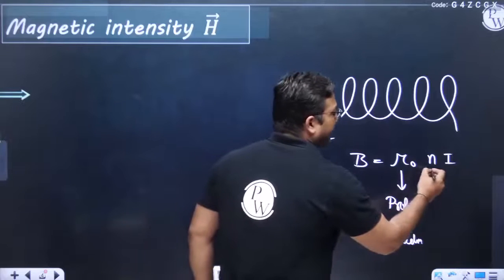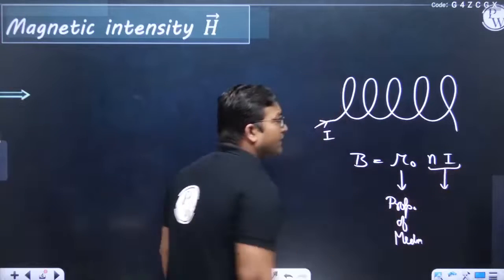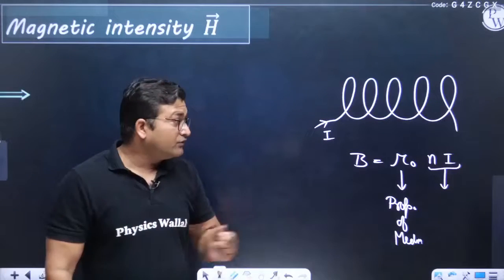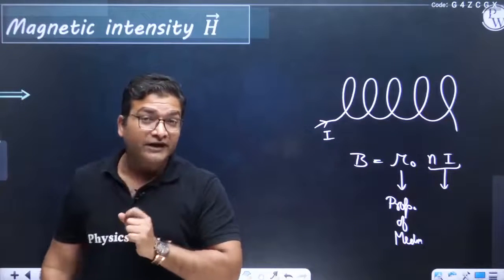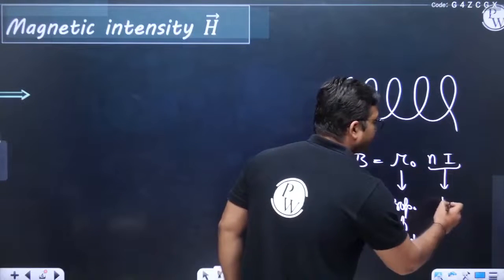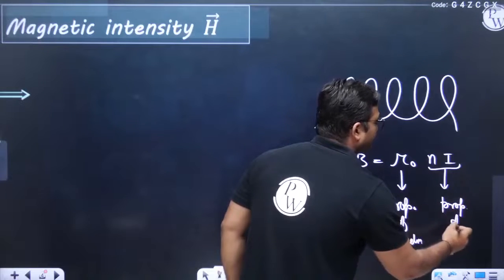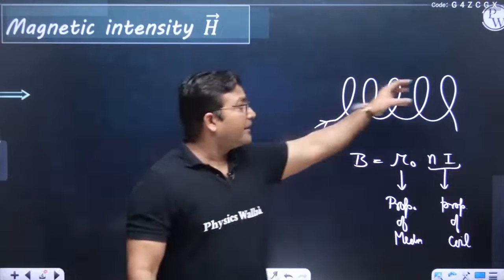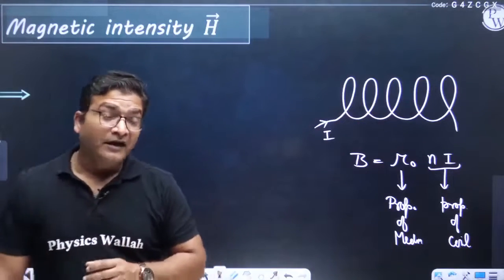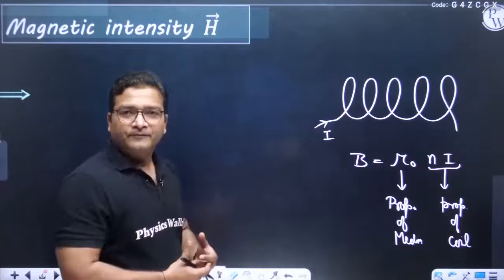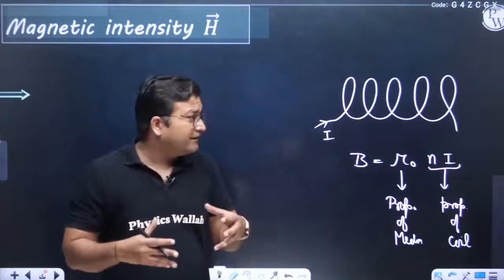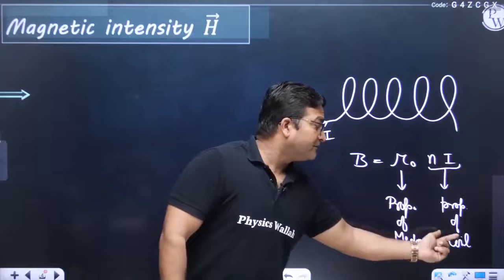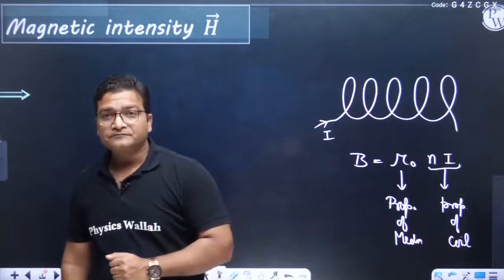Ni: N is the number of turns in the solenoid per unit length, and I is the current in it. So these two are properties of the coil. Now we understand the resultant magnetic field inside the solenoid has two components, because it depends upon the properties of the medium and also upon the properties of the coil.